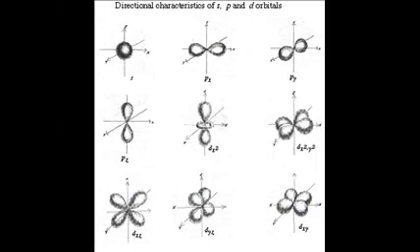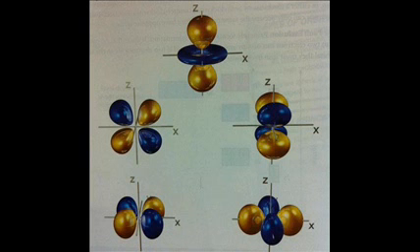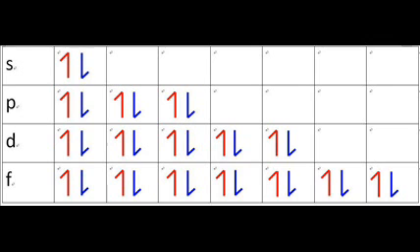And here are the d atomic orbitals. The d atomic orbitals are divided into 5 groups, as shown in the picture. And here is a high quality picture of what the d atomic orbitals look like. In s atomic orbitals, there is 1 pair of electrons, and in p orbitals, there are 6 electrons.